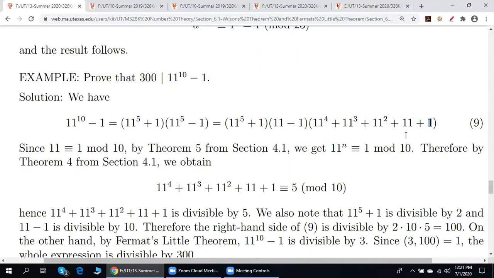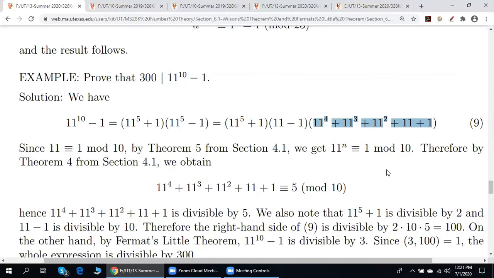If we add 5 numbers, and in each case the last digit is 1, the last digit of the whole sum is 5. So this number is divisible by 5.